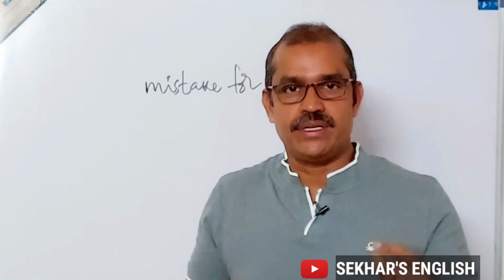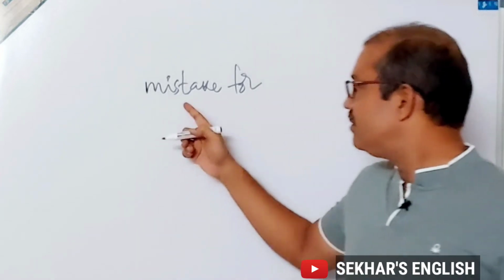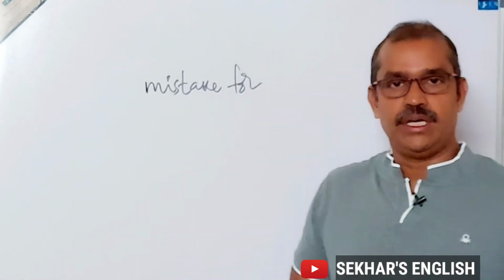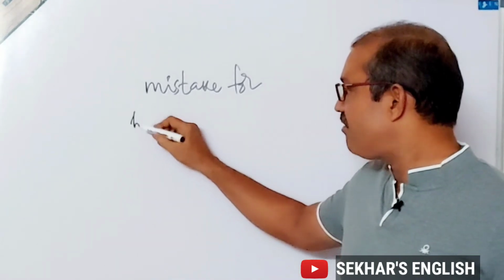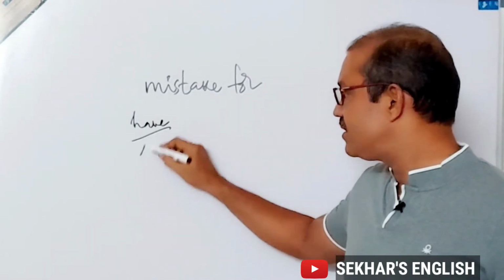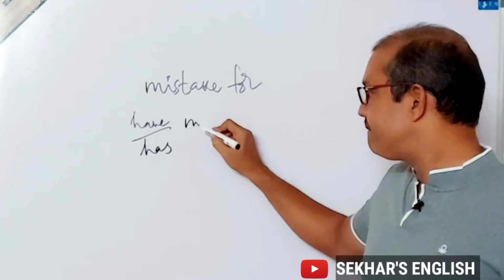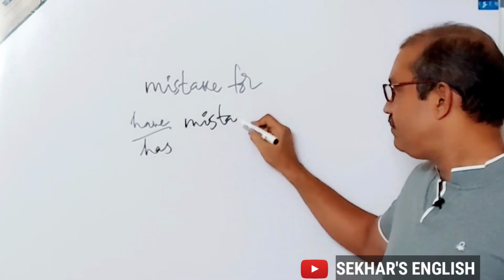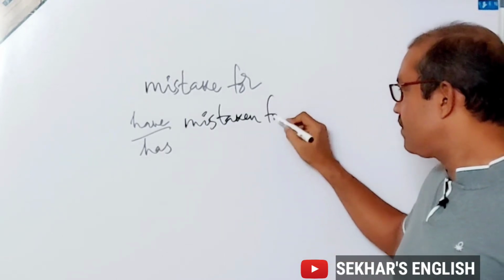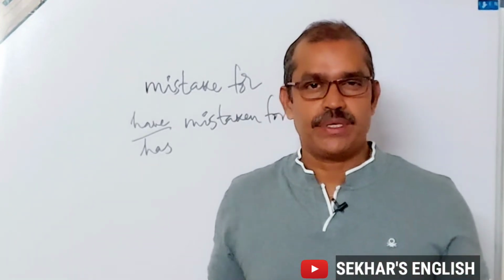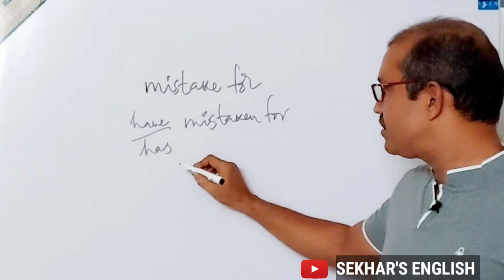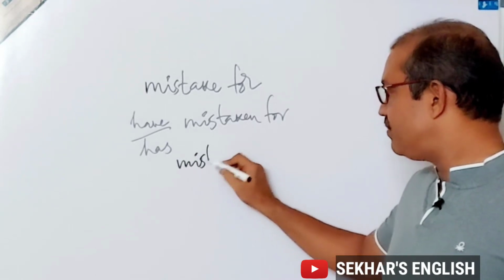If you want to express in simple present, we have to use mistake for. If you want to use present perfect tense, you have to use have or has mistaken for. If you want to express in simple past tense, you have to use mistook for.